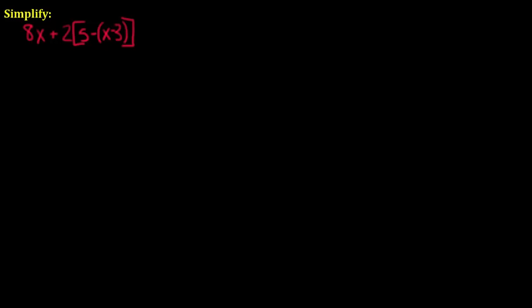In that case, you just flip the negative sign. So we'll continue to have 8x plus 2 times (5 minus x, and a negative times a negative right here will be a positive 3). So that's what I meant when I said you'll just flip the negative.